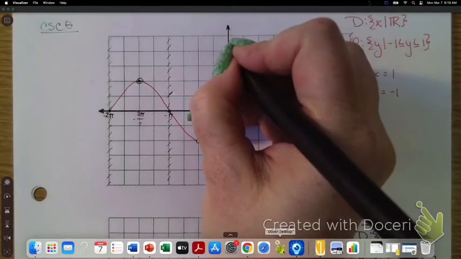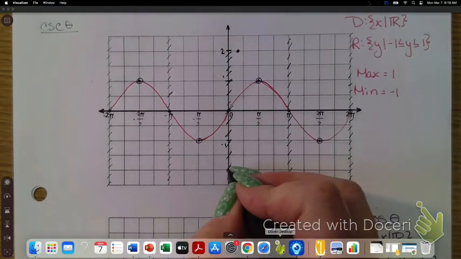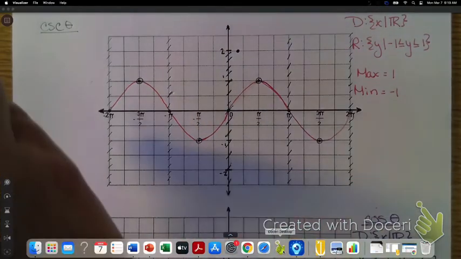Well, what other value could we reciprocate? Negative half, and that would be what? Negative 2.